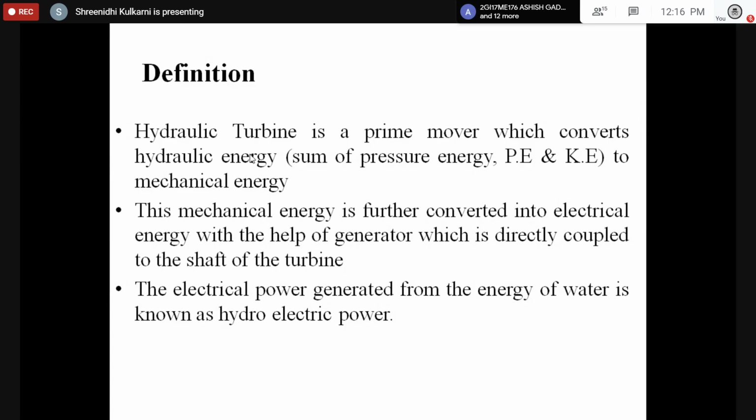We have the water, and by using that water the turbine is rotating. Once the turbine is rotating, we call that mechanical energy.